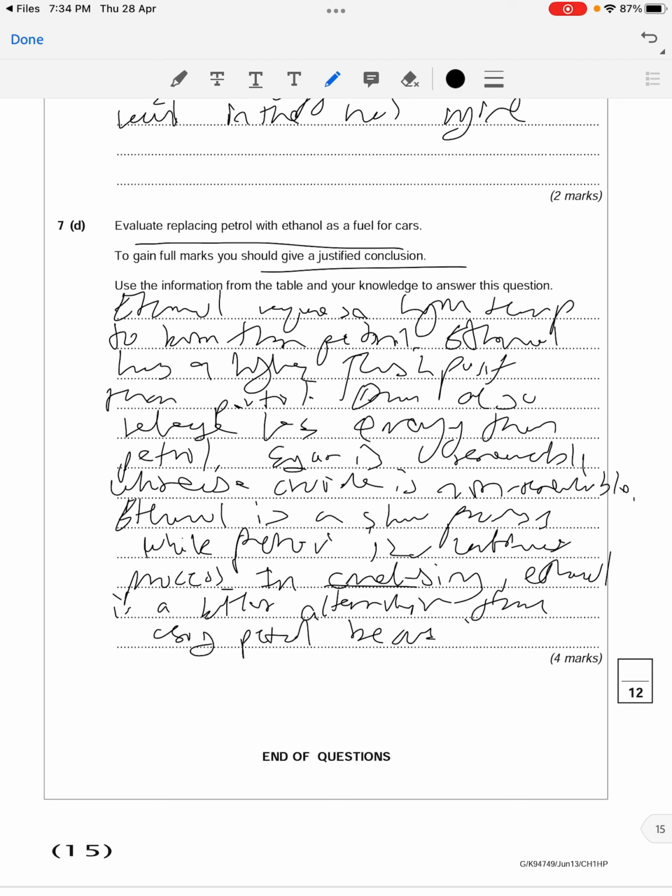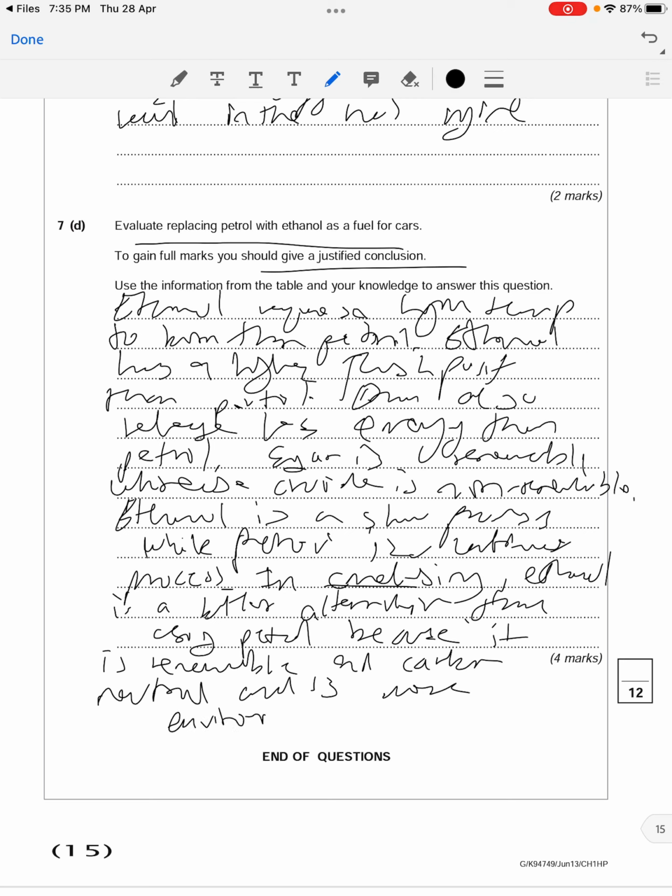We'll give a reason why. Because it is renewable, carbon friendly and carbon neutral, and more environmentally friendly.